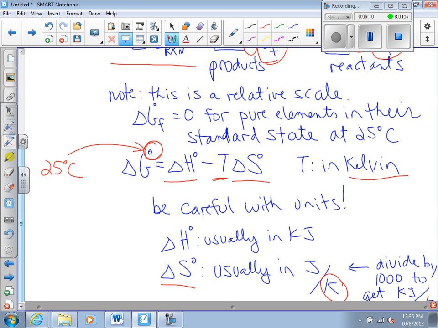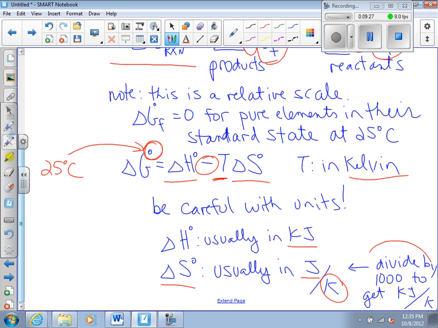But what you need to be careful of is one of these has joules, one has kilojoules. You have to make sure you get them in the same either kilojoules or joules unit before you can subtract T delta S from delta H. So typically what students do is they divide the entropy by 1,000 to get kilojoules per Kelvin.